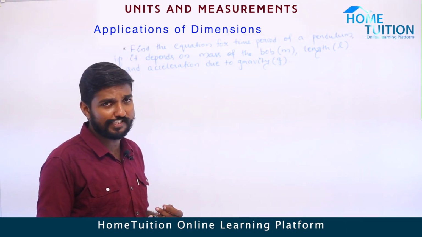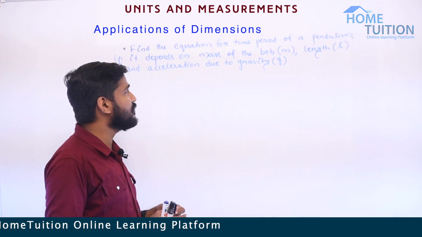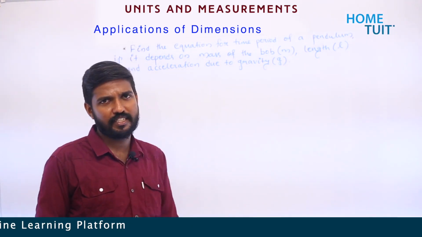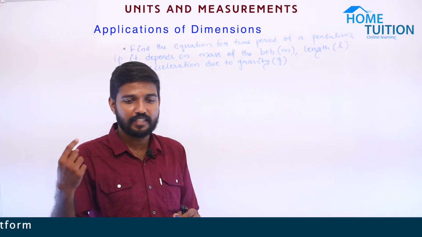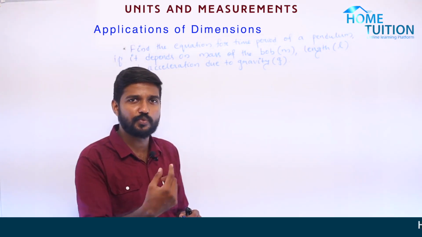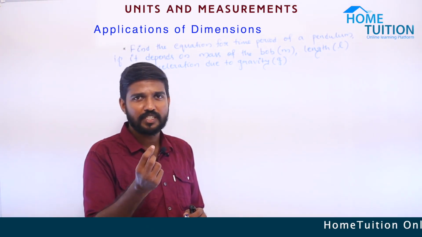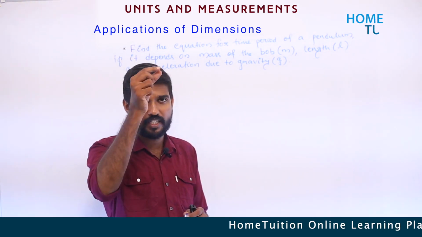Okay, so what is the question? Find the equation for the time period of a pendulum. I think all of you know what a pendulum is, right? A pendulum is an oscillating system. What is oscillation? To and fro motion. It consists of a spherical bob suspended from some point by a string.